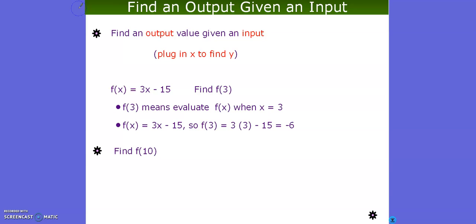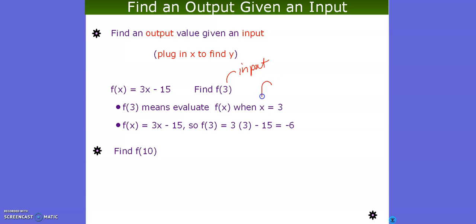So on our notes, we have f of x equals 3x minus 15. If you don't like seeing f of x, just cross it off and make it a y. But know that when you have f of 3, 3 is the number that you're putting into your function. So I'm going to erase what I scribbled out there.